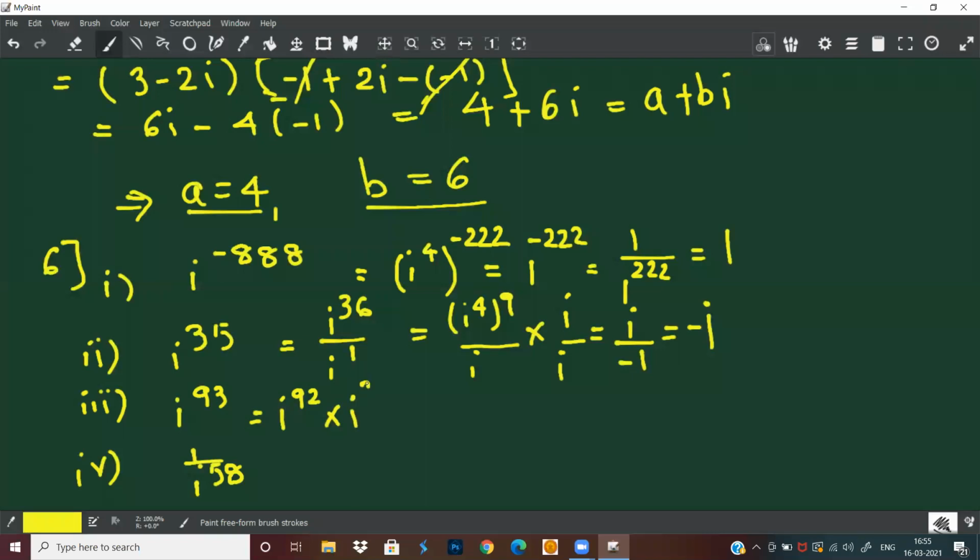You can also write it like this: i raised to 1, this is i square raised to 46. i raised to 1 is i. i square is minus 1. So minus 1 raised to an even number is plus 1. So your answer is i.